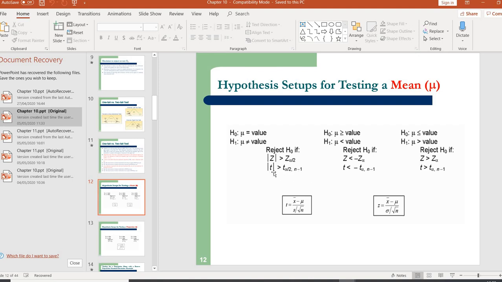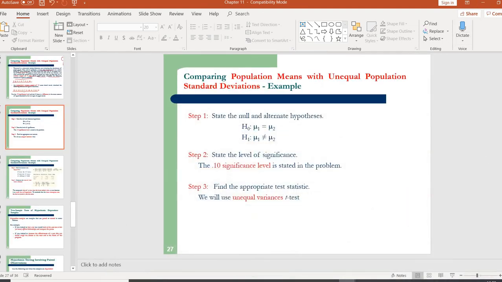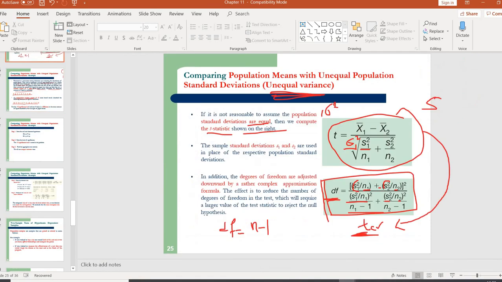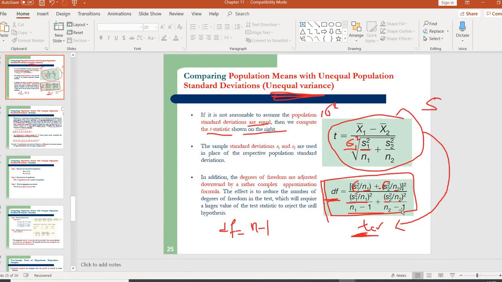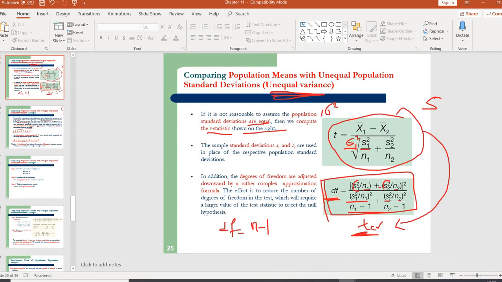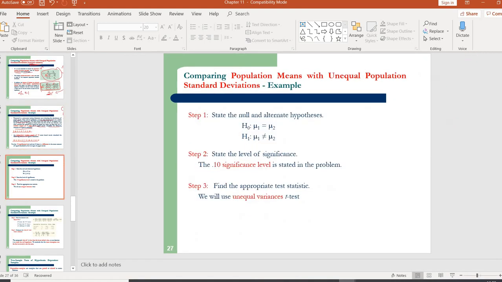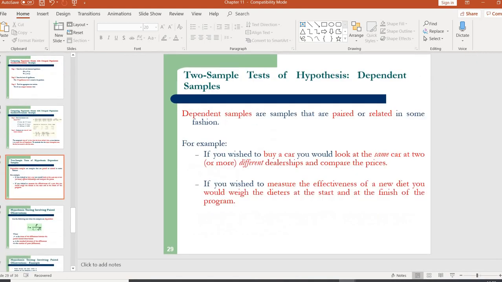The calculated t must be more than t alpha over 2 with degrees of freedom. But remember, the degree of freedom in our case will no longer be n minus 1, but will rather be computed using this formula. That is the difference.